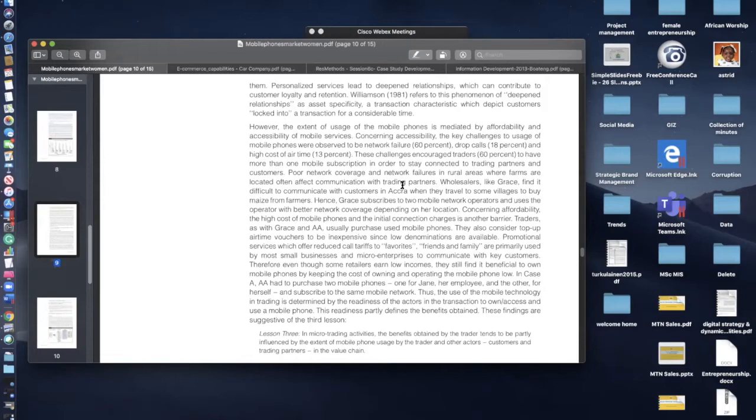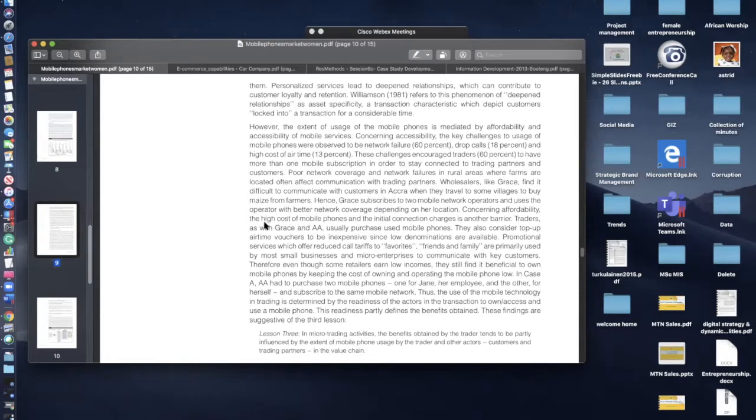Wholesalers like Grace find it difficult to communicate with customers in Accra when they travel to some villages to buy maize from farmers. Hence, Grace subscribes to two mobile network operators and uses the operator with better network coverage depending on her location.